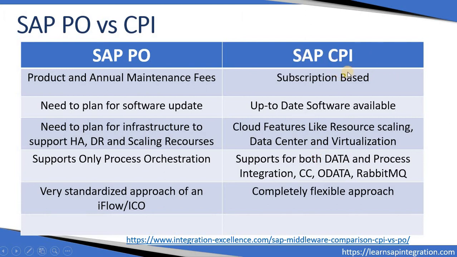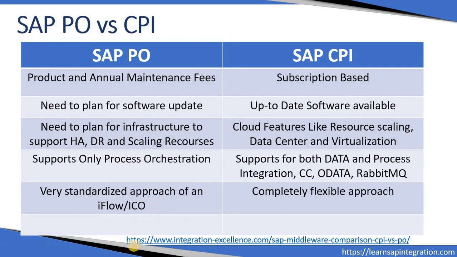The last option in CPI is that it's a completely flexible approach. So anyone can buy depending on the subscription model. It is like Dropbox in a cloud environment. Whatever you use, you have to pay for that. But in SAP PO, it is a standardized approach. It's like iFlow and ICO.